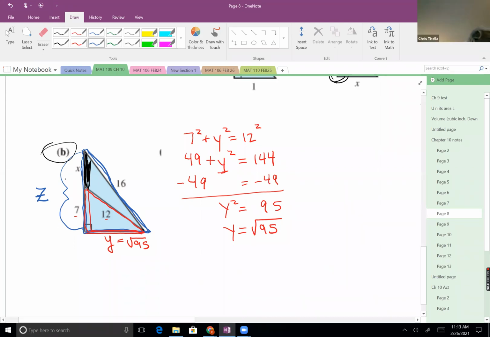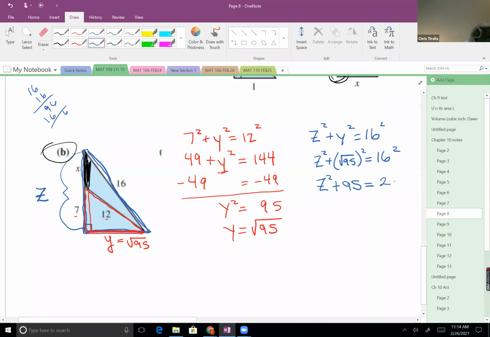If I call it Z to start with, I'd have Z squared plus Y squared equals 16 squared, or Z squared plus the square root of 95 squared equals 16 squared, or Z squared plus 95 equals, help, I'm having a brain fart, 16 squared is 256. And so I'm going to subtract 95 from both sides.